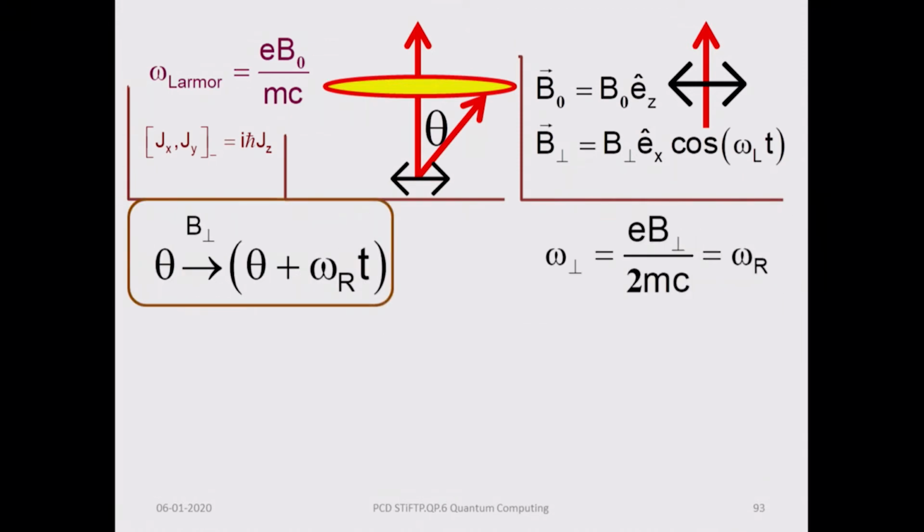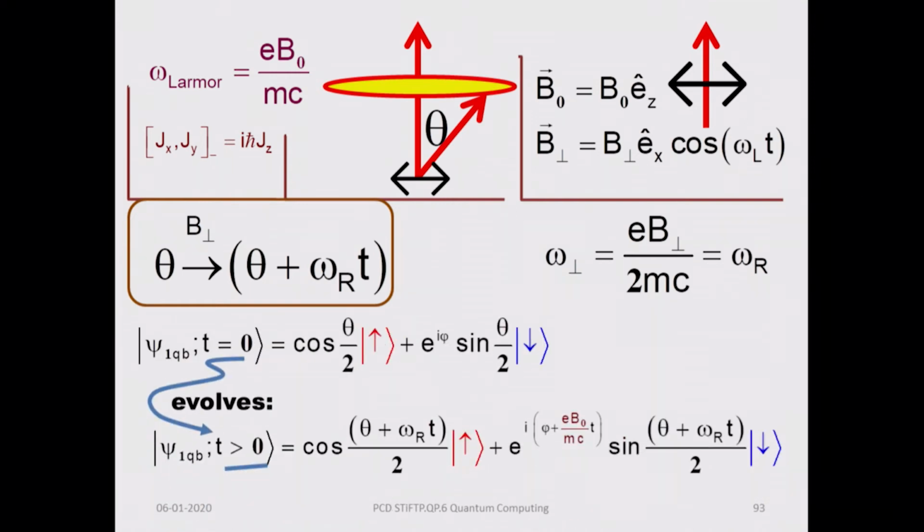So, this is the picture that we have got, and you want to look at the time evolution. Theta is now changing because of this transverse field. It will change at this rate given by the Rabi frequency, depending on how much time you have subjected the system to this oscillatory field.